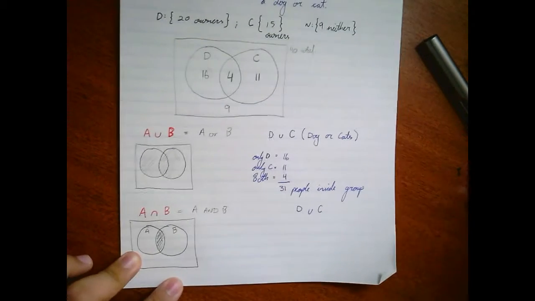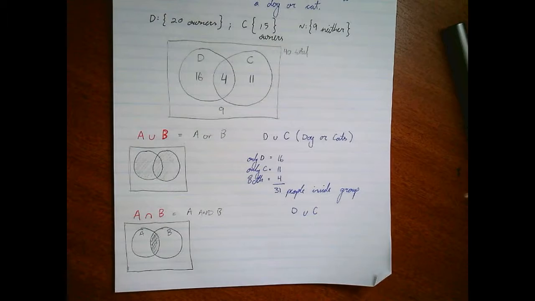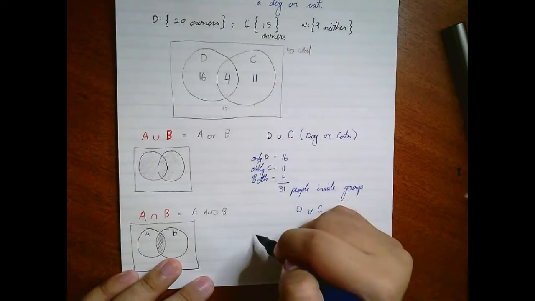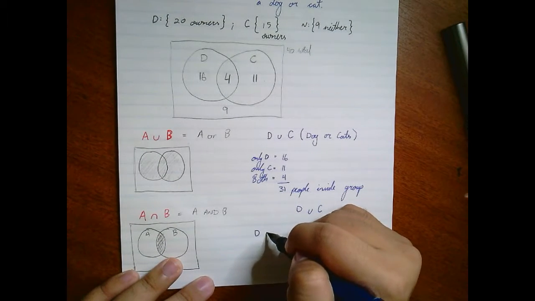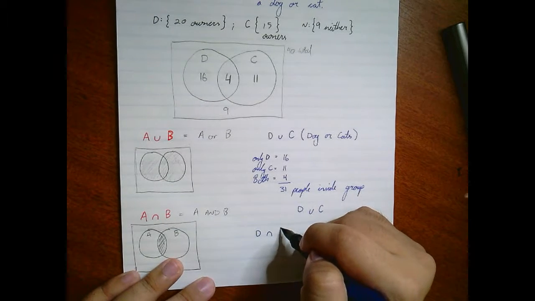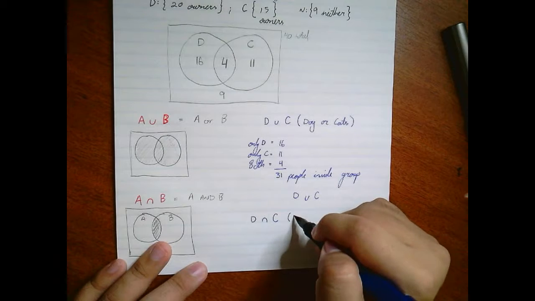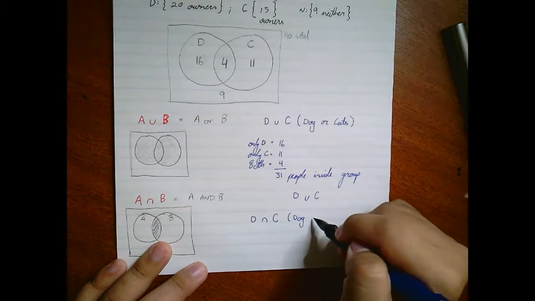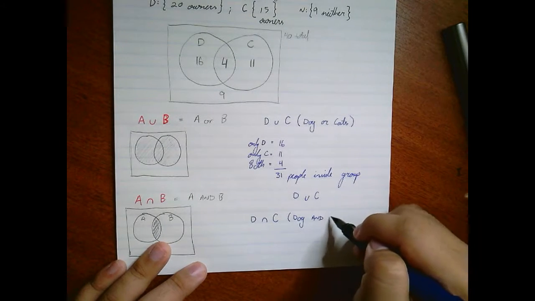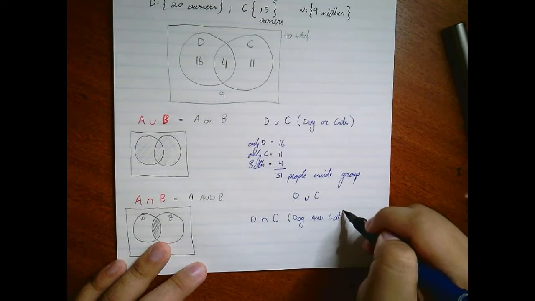Can you see how this group here satisfies both A and B. So for our example again, if we had D intersect with C, that is dog owner and a cat owner.